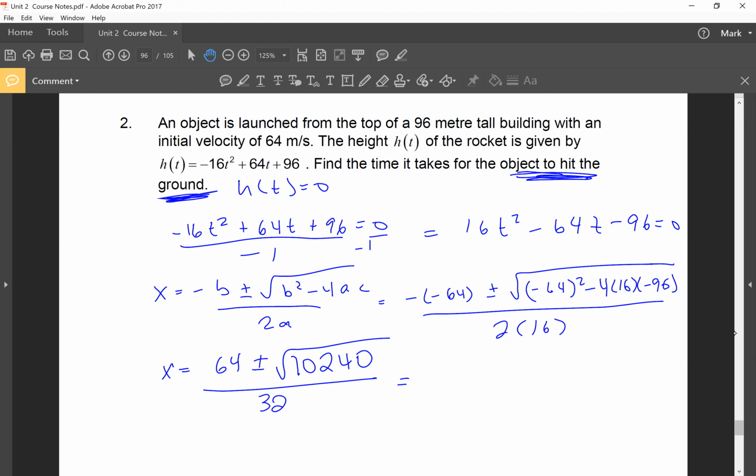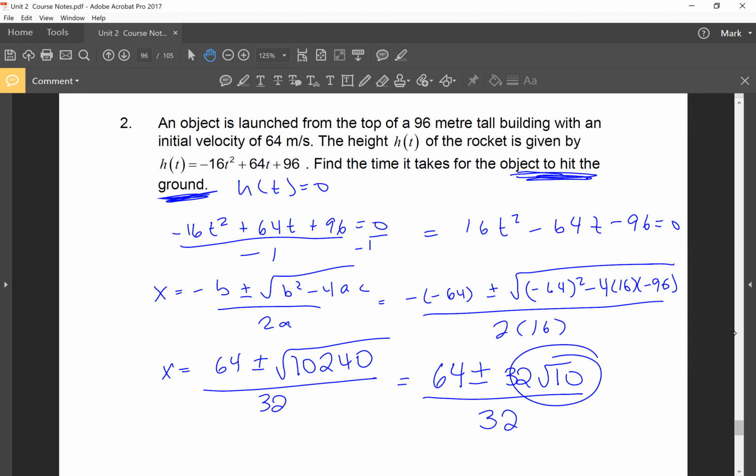So 2 plus or minus square root of 10. Yes, okay, so you're simplifying it, but yes. So I'm going to get 64 plus or minus 32 root 10. This is what my calculator gave me.